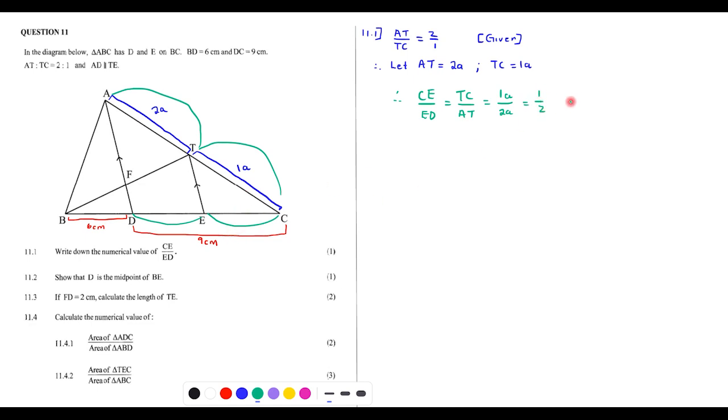Now the reason for this is a line parallel to one side of a triangle. All right, now here I had 1A there.